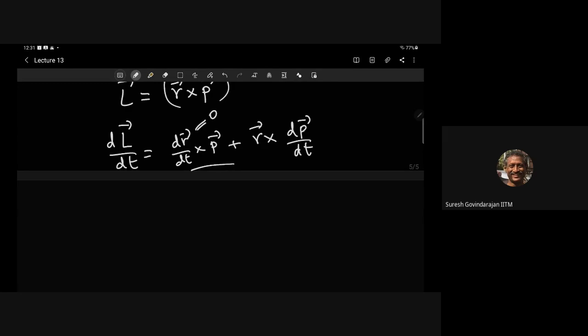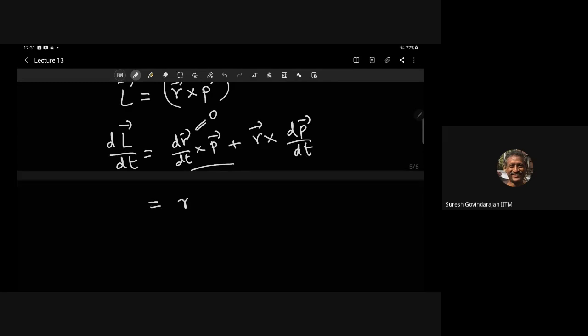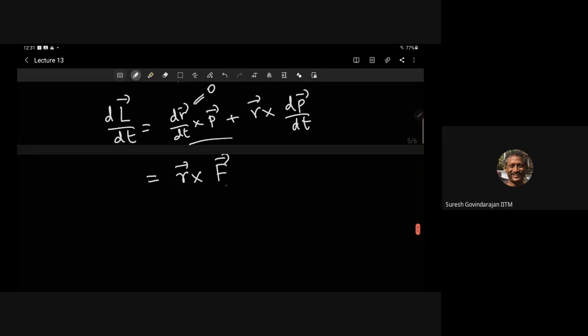And dP by dt, by Newton's law, is the force, right? So it's equal to r cross the force. But the point is the force is some f of r, or minus gradient of V, minus dV by dr for a central force times r cap.